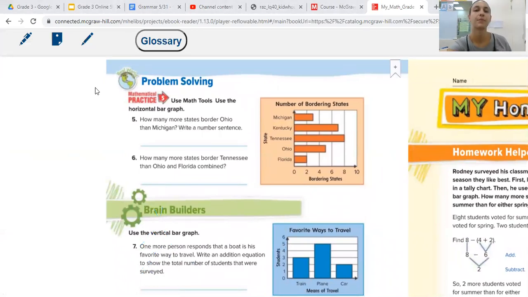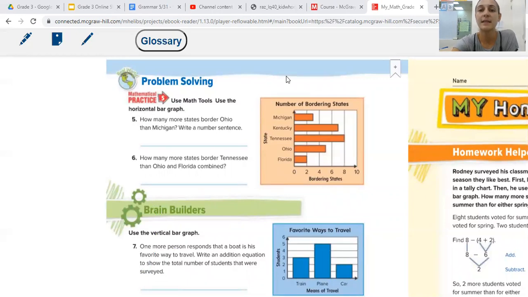We have a bar graph. You need to answer the questions. How many more states border Ohio than Michigan? So how many more states? This is showing number of bordering states, but that just means states that touch. How many more border Ohio than Michigan? What's the difference?